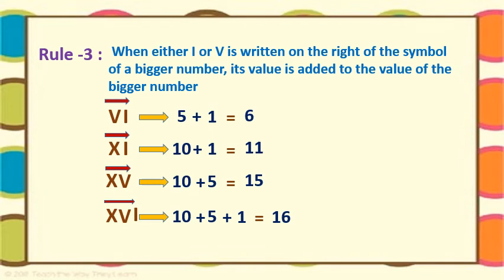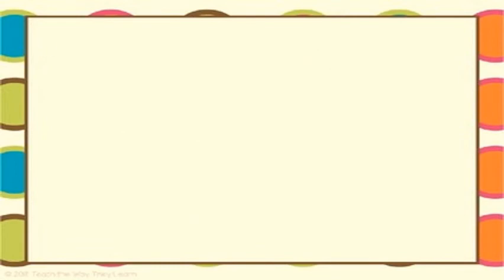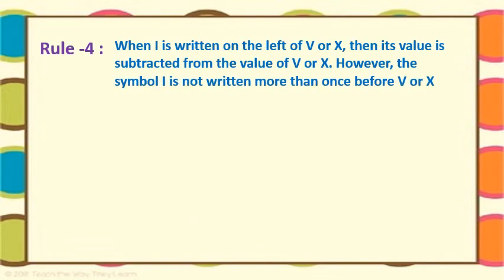And now going to study rule number 4. When I is written on the left side, what happens we'll see. We have to subtract. Okay. Now see here. Left side. I have written I on the left side. Here we will minus 1.